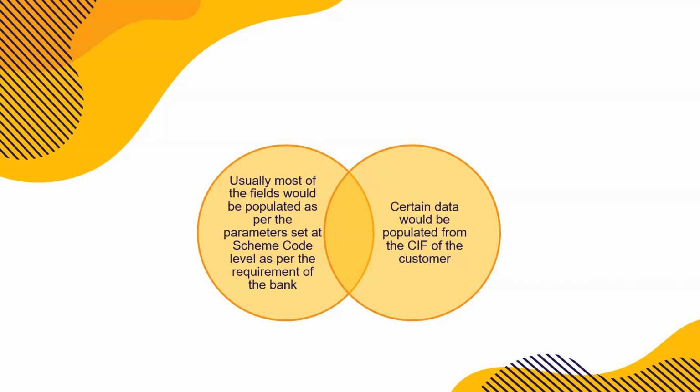Certain data would be populated from the KIF of the customer. Whatever you have entered, addresses, his name, surname, prefix, will automatically populate while opening this. As soon as we click on Go, those details will be populated here. I hope you remember we had migrated the data from the CRM solution to the Finacle solution by the command HCCFM.